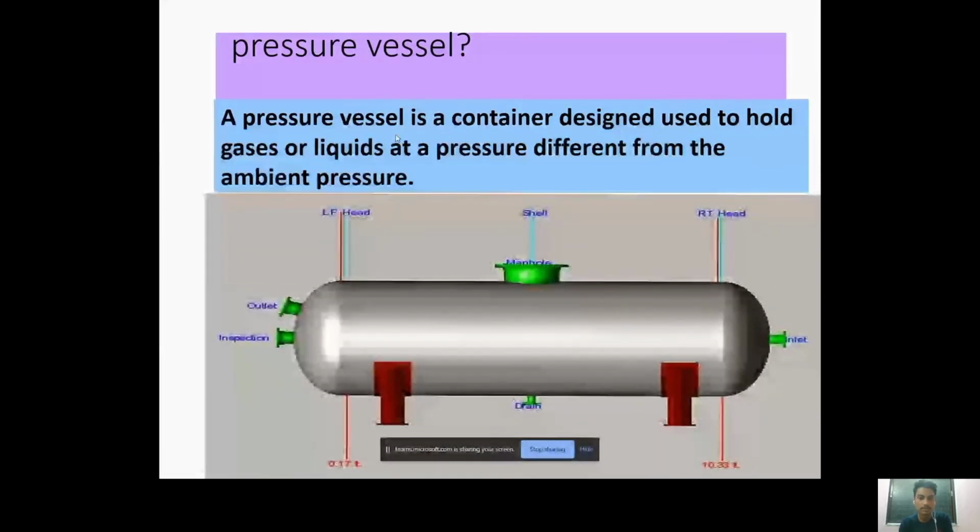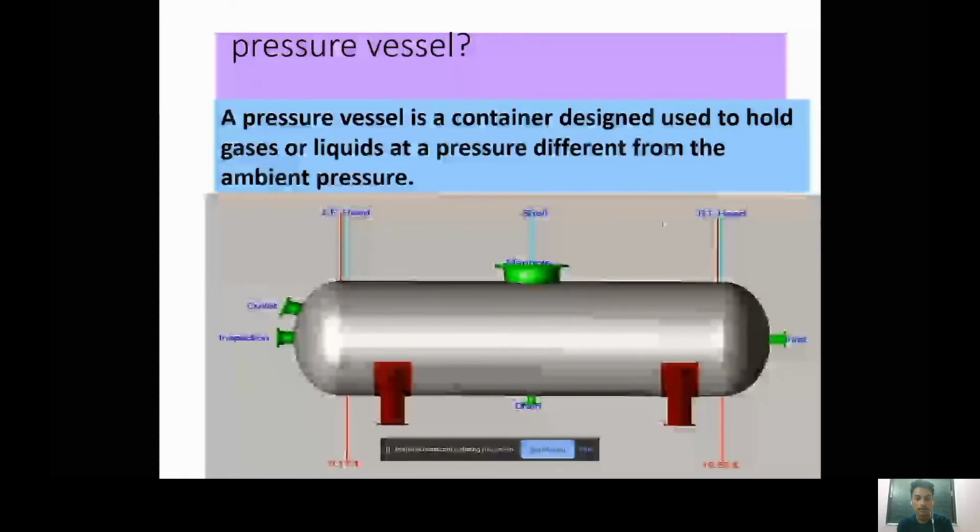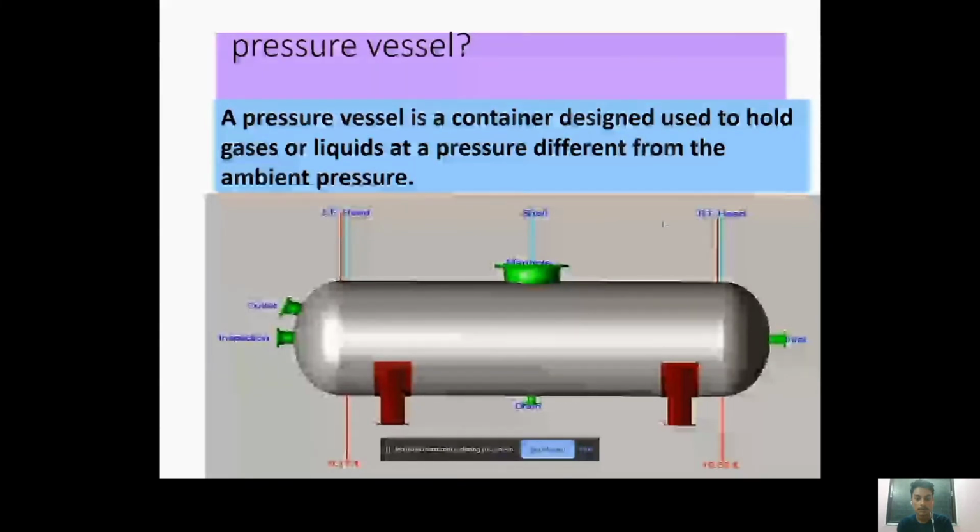A pressure vessel is a container designed to hold gas or liquid at a pressure substantially different from the ambient pressure. Construction method and material may be chosen to suit the pressure application and will depend on the size and contents, and the number of items required.